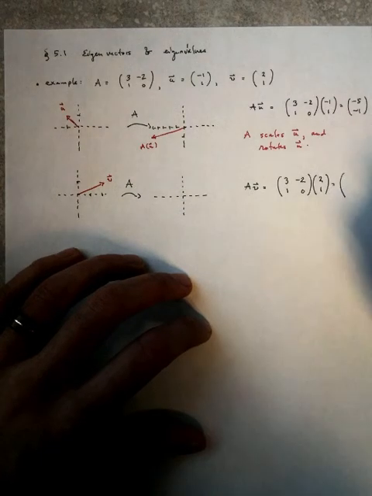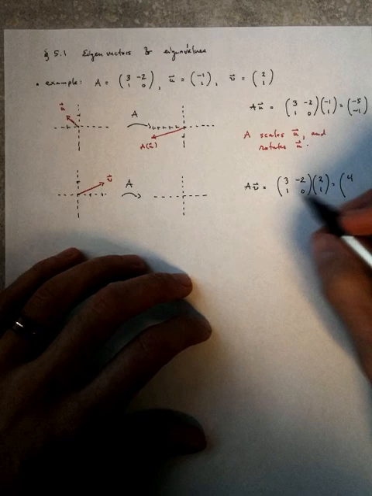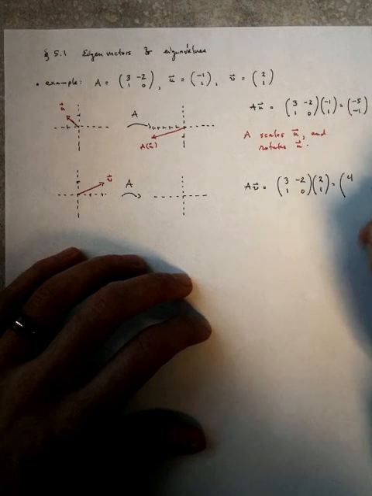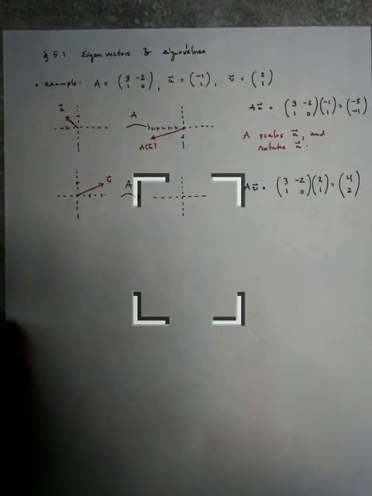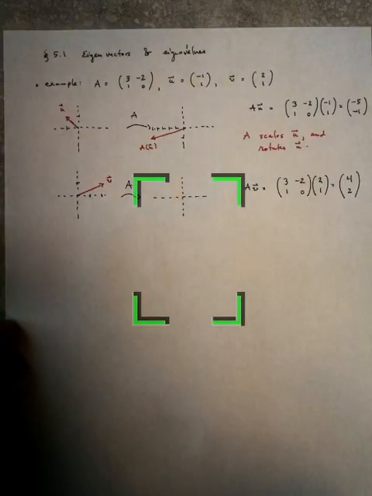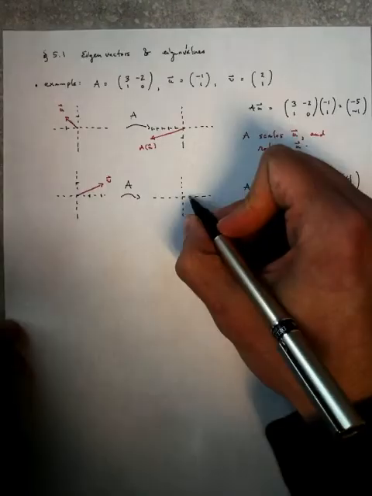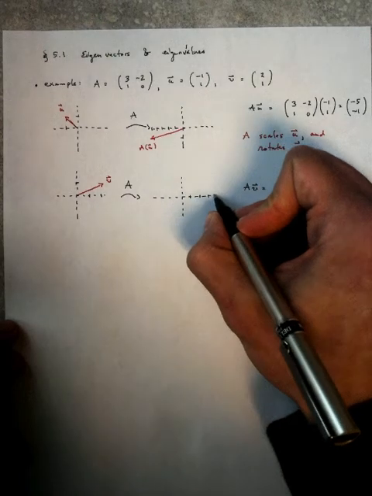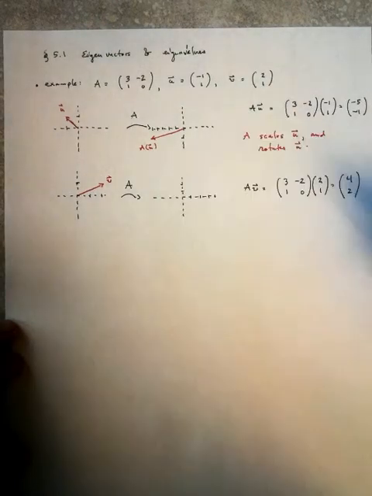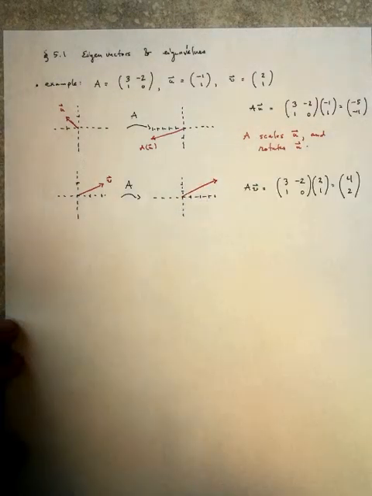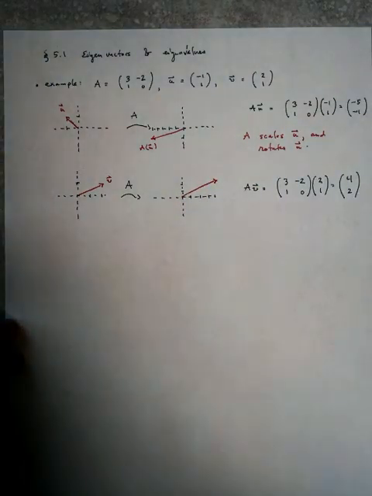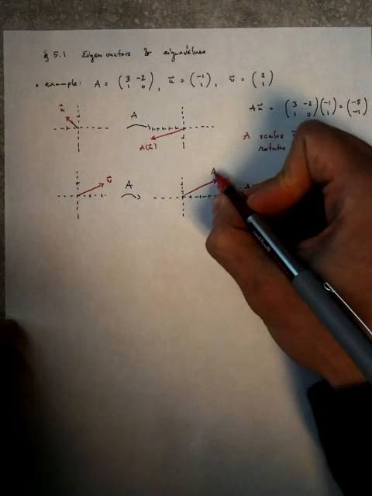Well, it's going to be 6 minus 2, which is 4, and then 2 plus 0, so 2, right? So what does that do? Well, let me draw my tick marks here. 1, 2, 3, 4. 1, 2. Looks something like this. Okay, so this is A of V.